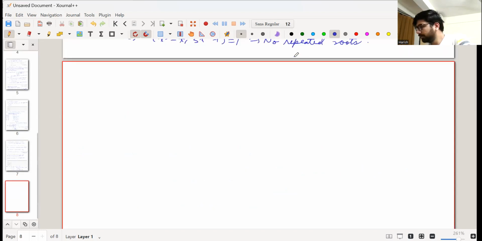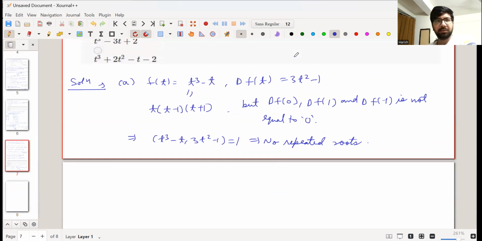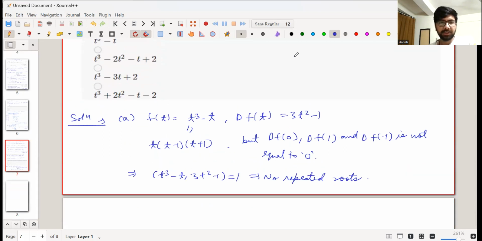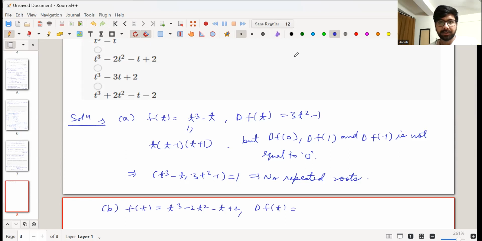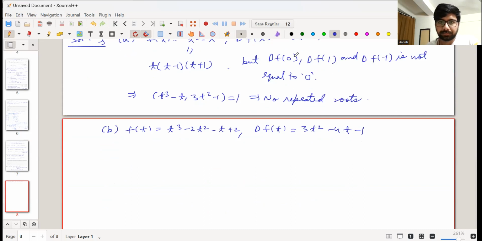What about the second? So for the second also, you can use this root thing. f(t) is t cube minus 2t square minus t plus 2, and df(t) is 3t square minus 4t minus 1, right? So let's consider this thing.